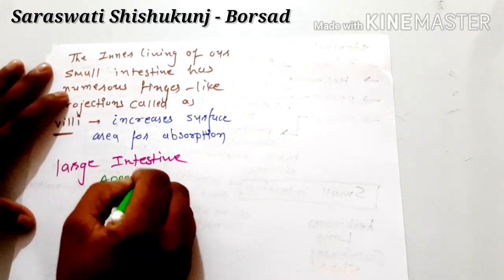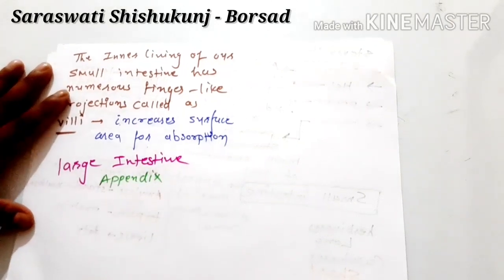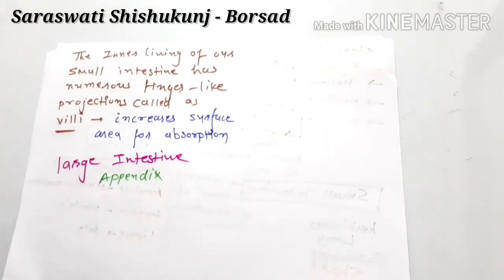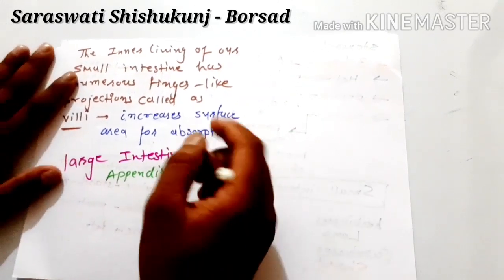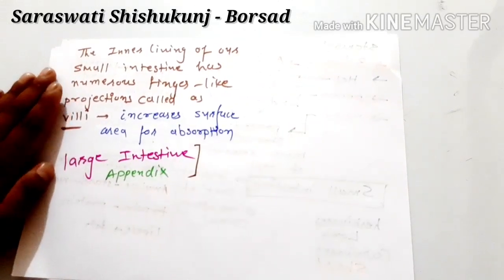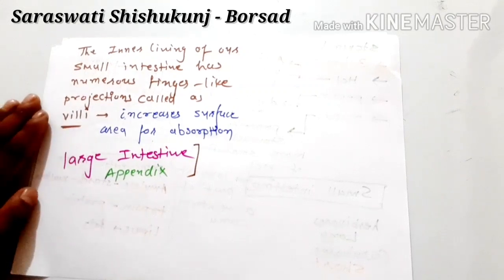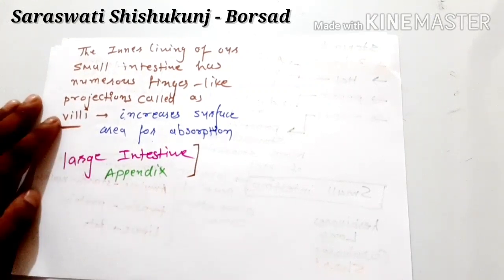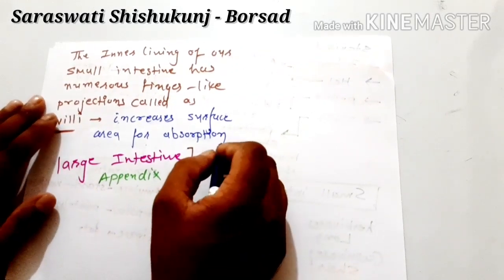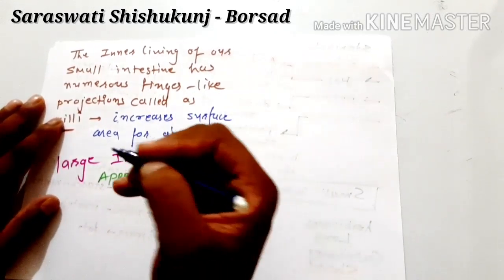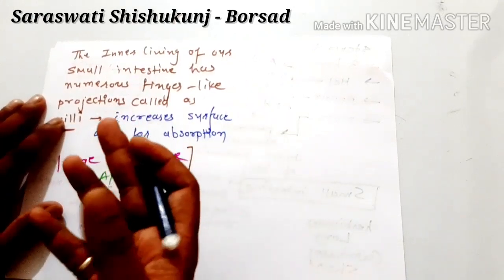This appendix is also part of our large intestine. In this large intestine, what happens? From the food which we get here, more water is removed, so the food will try to become anhydrous.